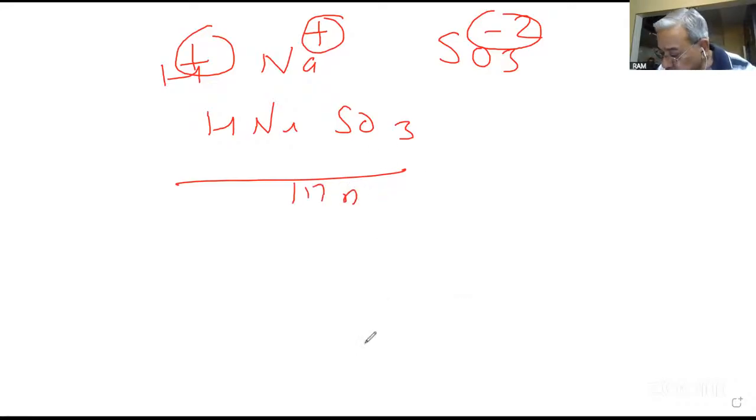See my figure. This Mn is having 7 valence electrons, right? So 2 here, 2 here, 2 here, and 1 here.